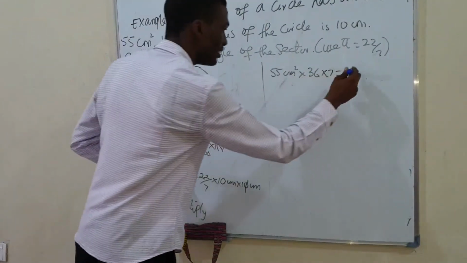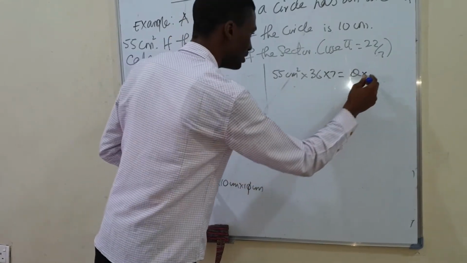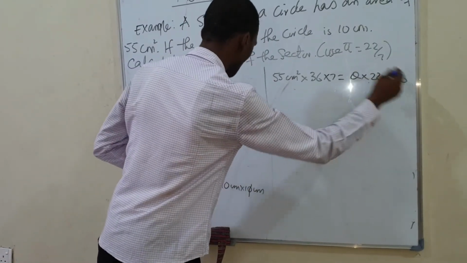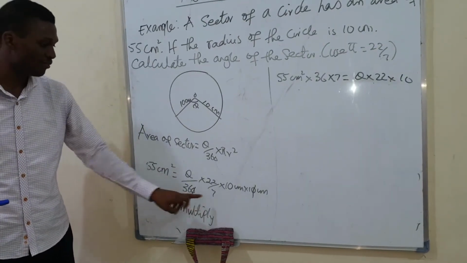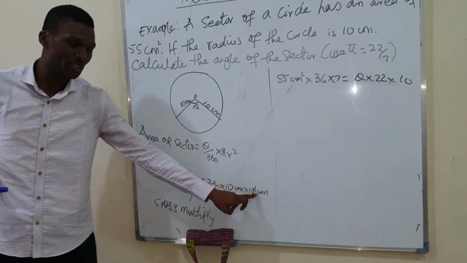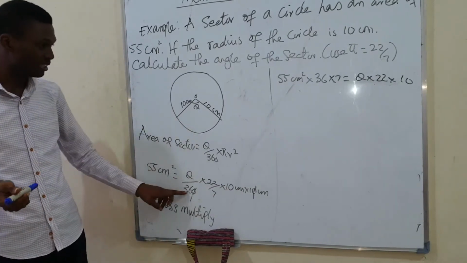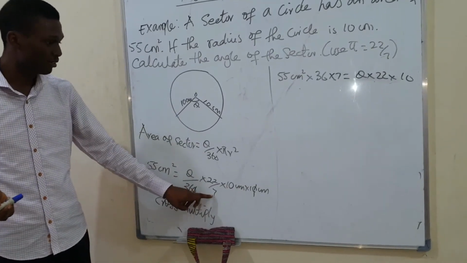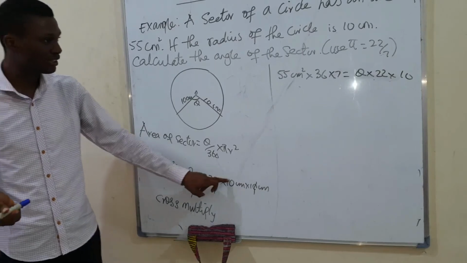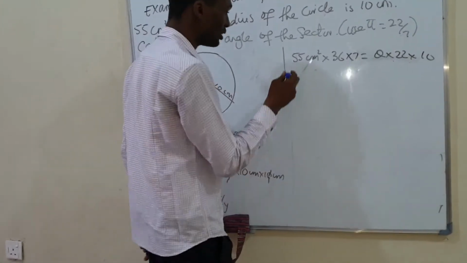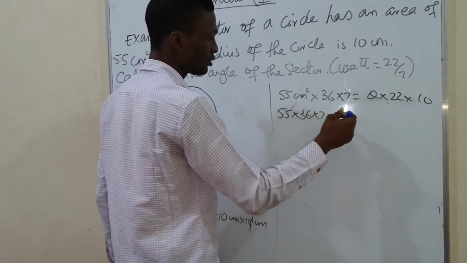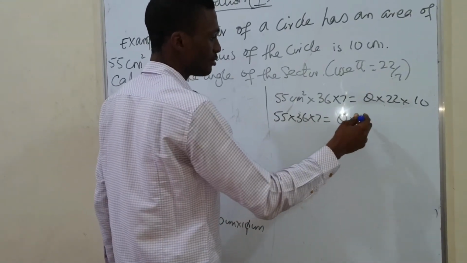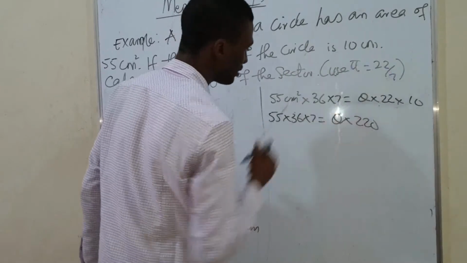equals theta times 22 times 10. 55 times 36 times 7. The 0 in 360 has cancelled a 0 already. We have 55 times 36 times 7 equals theta times 22 times 10. At this point, we say 55 times 36 times 7 equals theta times 220, that means 2 times 10.